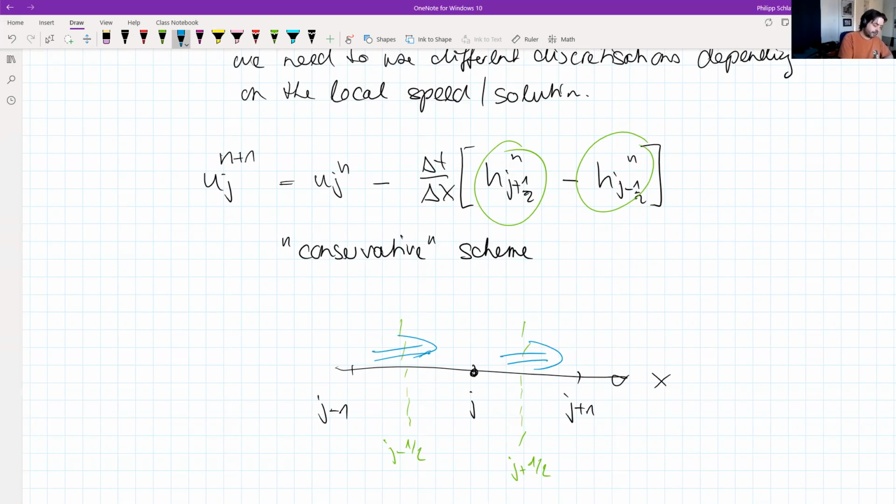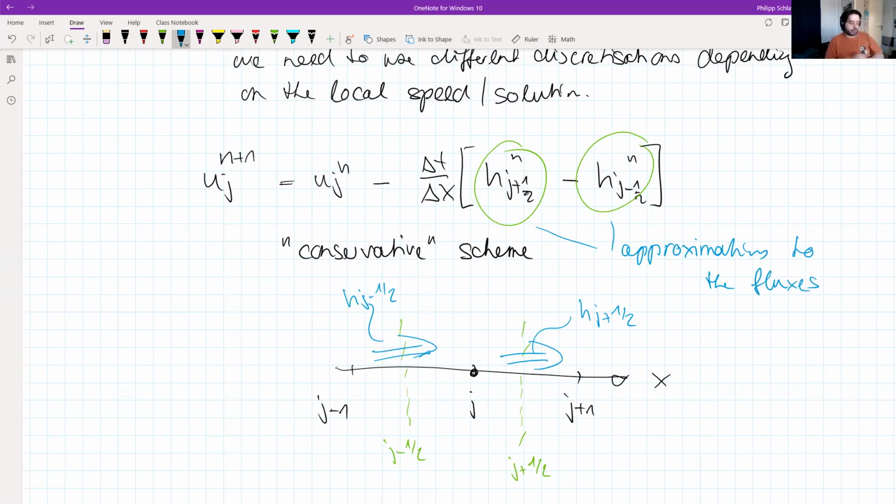Obviously, if I formulate it in this way, this arrow here would be the flux at j plus 1/2, and this one would be the flux at j minus 1/2. So these h are approximations to the fluxes that come in or go out of this little green box that I have constructed around j.